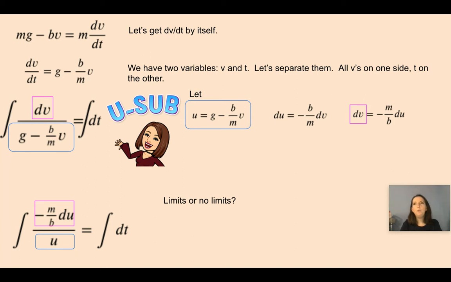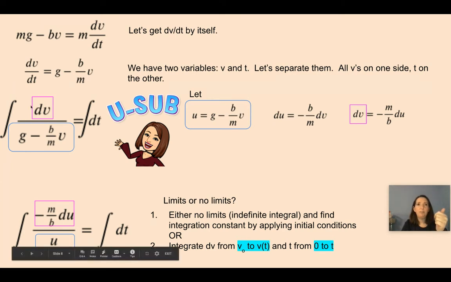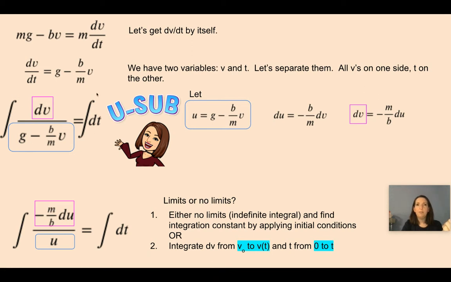There are two ways of doing these kinds of problems. You can do no limits, an indefinite integral, and then find the integration constant by applying initial conditions. Or you can integrate with limits: v would go from v naught to v of t, and time would go from 0 to t.